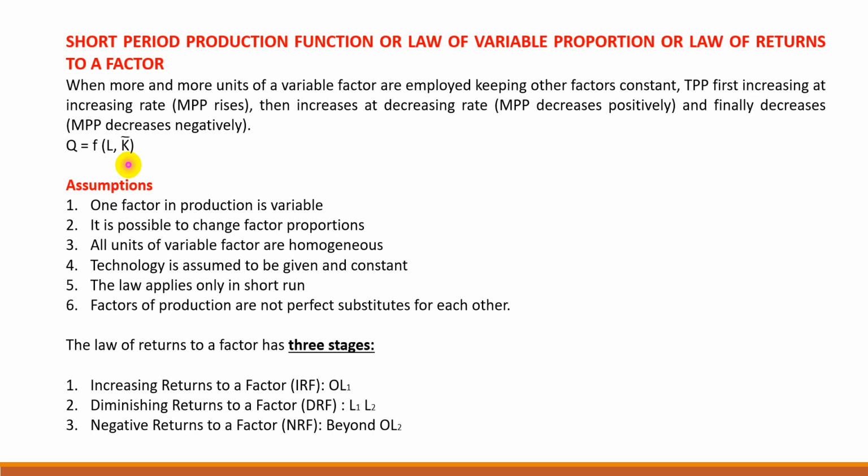What are the assumptions behind this law? First assumption, only one factor in production is variable. Second, it is possible to change factor proportion. This means that as we increase one factor, say labor, while capital is a fixed factor, the labor and capital factor ratio keeps on changing.